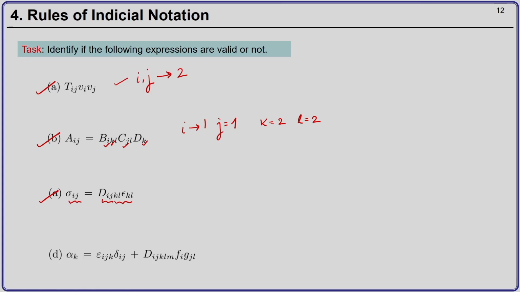So, the last expression now is alpha k equal to epsilon ijk delta ij plus d ijkl f i g jl. Okay. Now, this expression has 3 symbol groupings or 3 product terms, one on the left hand side and 2 on the right hand side. Okay. So, if you look into the first term alpha k, so k occurs here, okay, once.